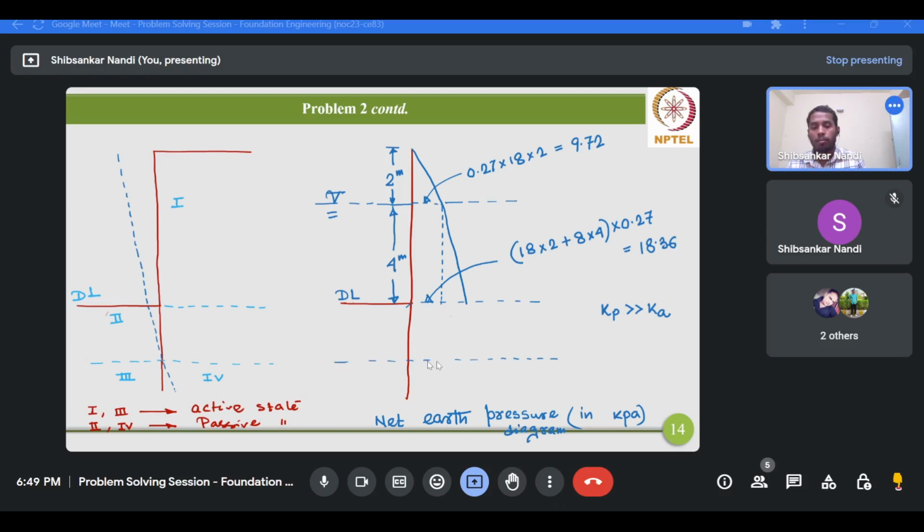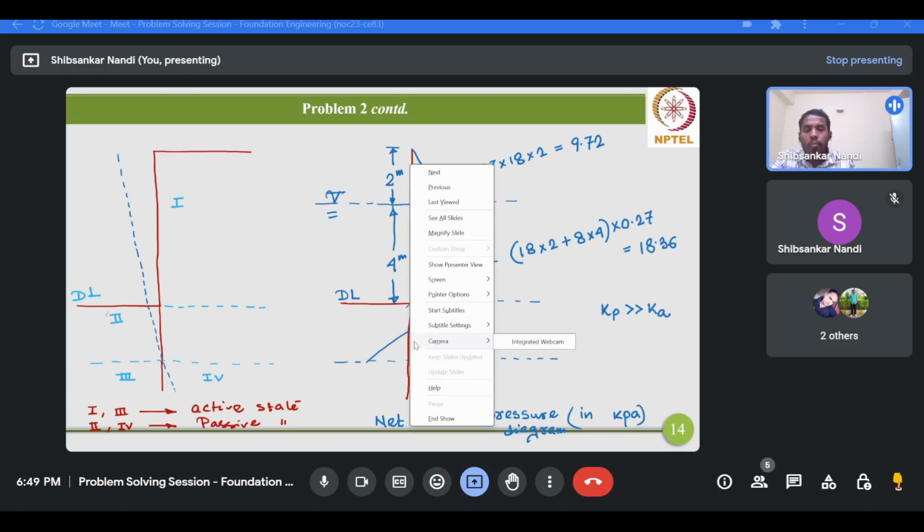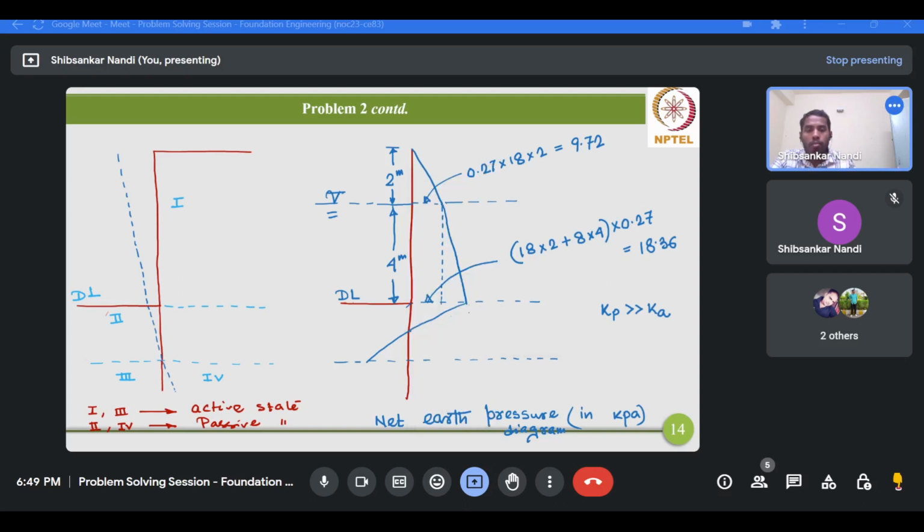And we will determine that value. Something like this we will get. Therefore there is a shift in the distribution from the right side to the left side, and this is the point of zero pressure. Here the net pressure is exactly 0.